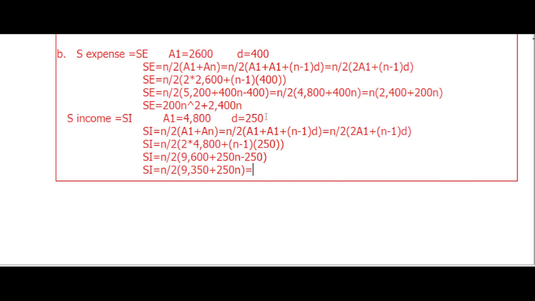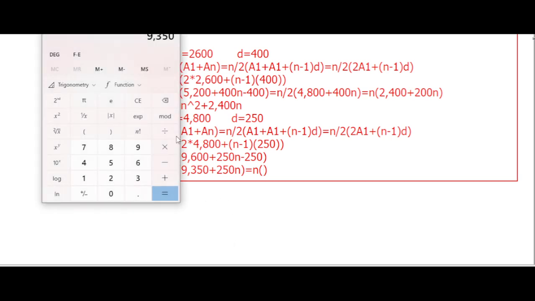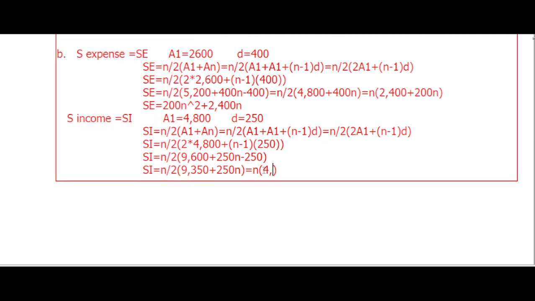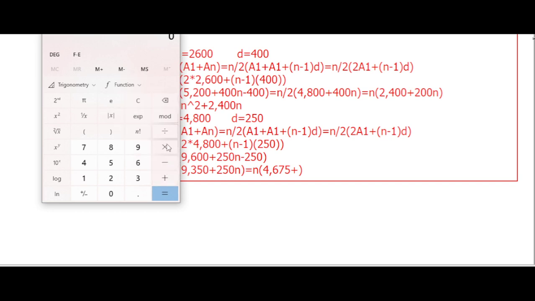Now let's divide this and this by 2. So we have n into 9,350 divided by 2, which is equal to 4,675, plus 250 divided by 2, which is equal to 125n.